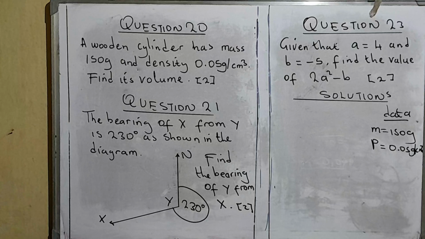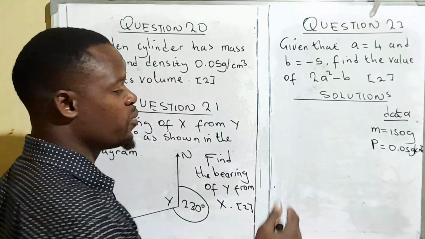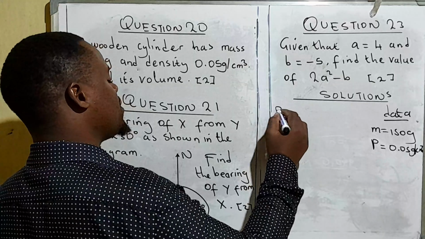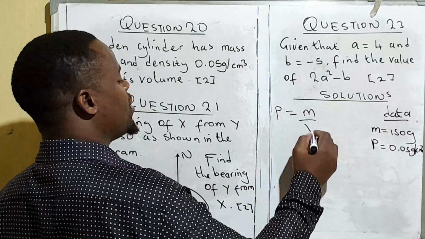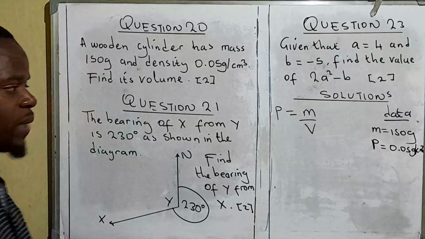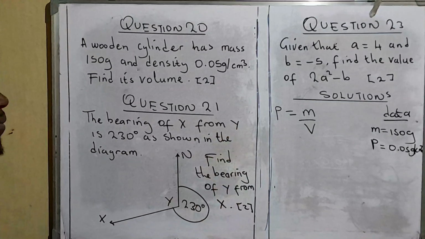So what we do is we write the formula because it shows that we know what we're doing. Density is equal to mass over volume. Then we plug in the values into the equation.